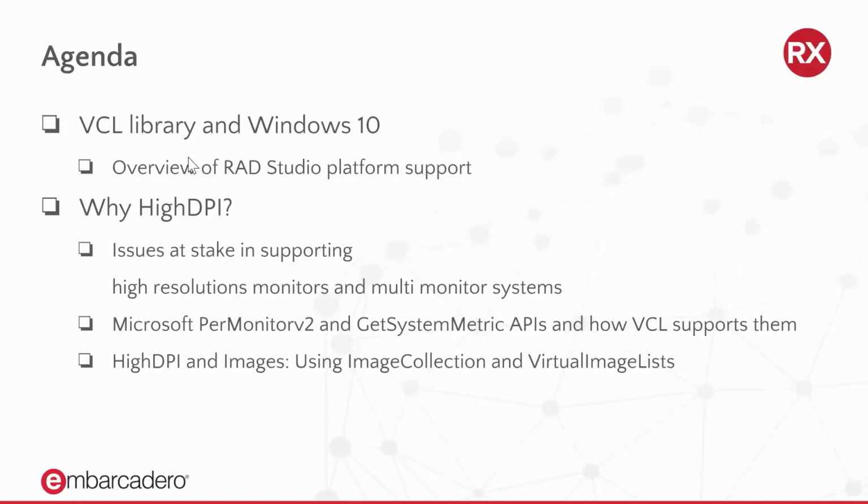Now, we won't be able to cover everything and every case around high DPI because that's an extremely complex and multi-phased problem. I'm going to focus on a few areas, and that would be plenty. And hopefully at the end, you'll have a better understanding of what's at stake and some of the solutions that the platform and the VCL library provide to help you solve the issues.